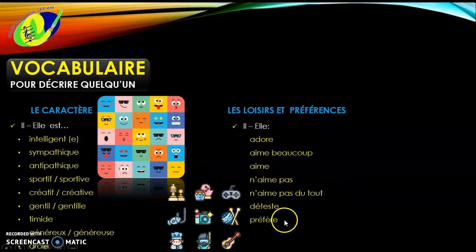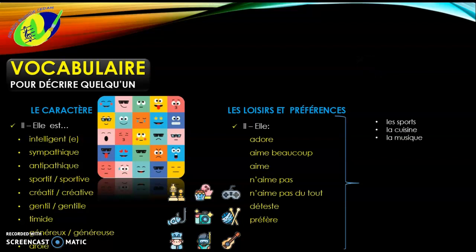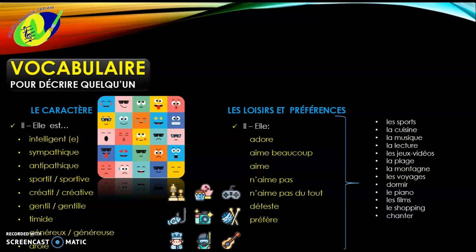And you can use them, préfère, with, for example, les sports, la cuisine, la musique, la lecture, les jeux vidéo, la plage, la montagne, les voyages, etc. Okay, those are examples of some loisirs, hobbies, et préférences. For example, il adore les jeux vidéo. Elle déteste la cuisine. Il préfère la plage. Elle préfère la montagne. Okay, like that.